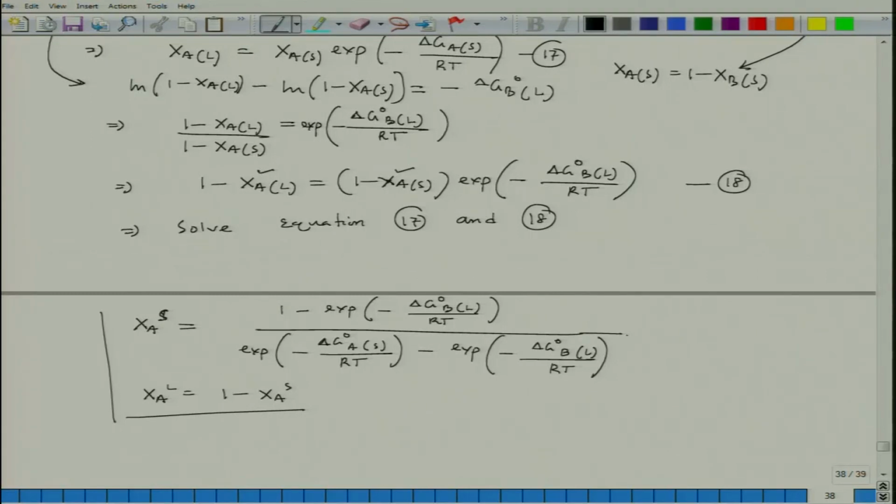So, we have both these compositions. We have found out the XA composition for the solid and liquid states.